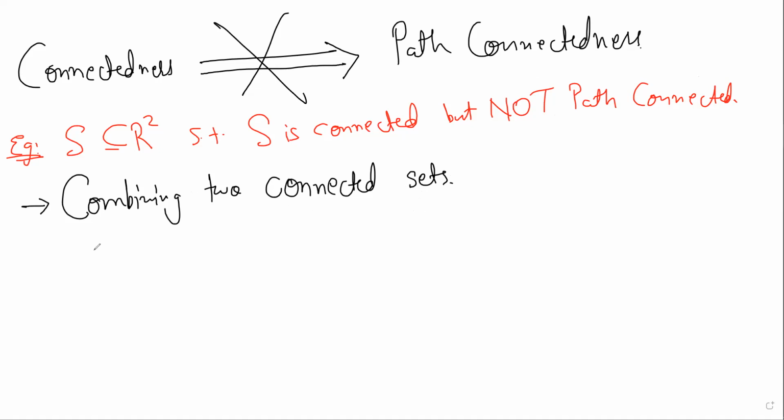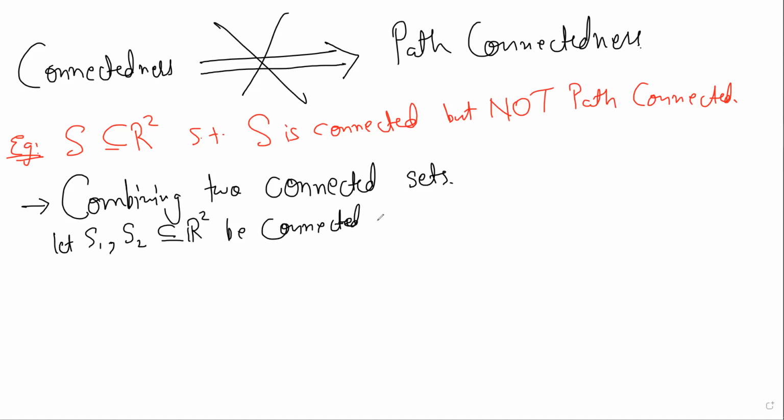Combining connected sets. Okay, so let S1 and S2 be in R2, be connected. And this is also just a natural question to ask. It should be that the answer is yes, but is it yes? We'll see.